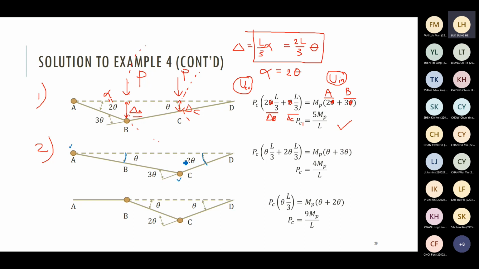And then you can calculate the plastic work first, the plastic work at point A and the plastic work at point C. You can see that the plastic work at point A is smaller as compared with the previous case. The rotation is only equal to theta.